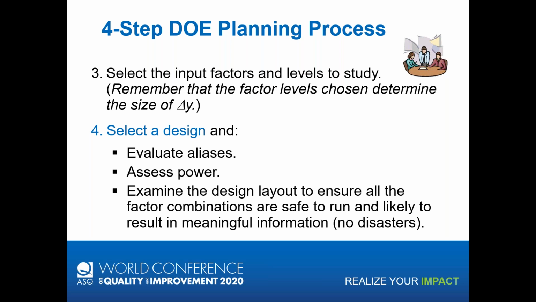That is something a statistician really can't answer for you. It's a subject matter knowledge decision. You might even have to do one factor at a time studies in order to figure out a good range to put into your design of experiments. That's okay.